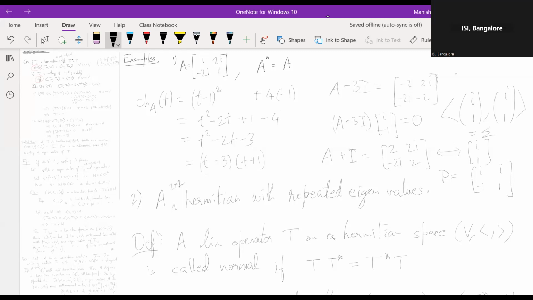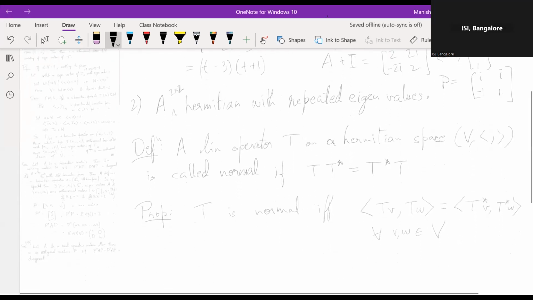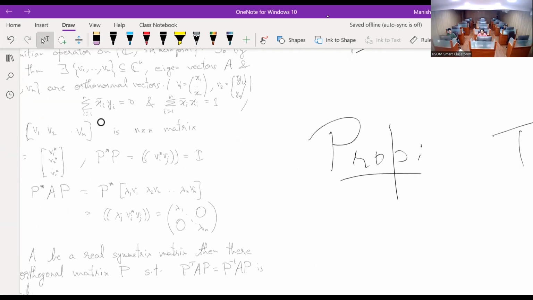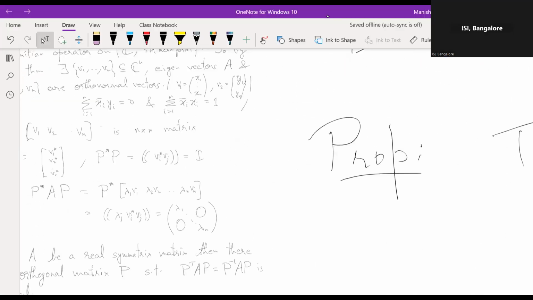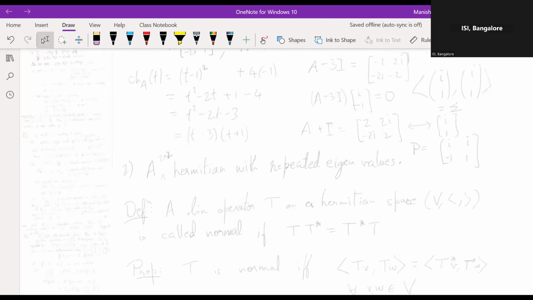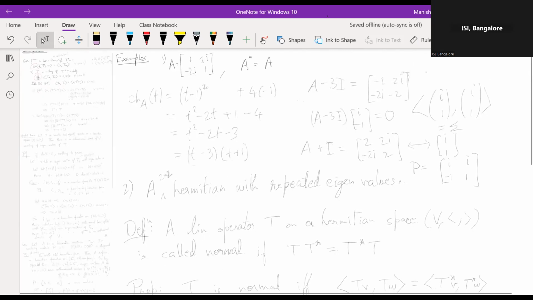It's written here somewhere. Yeah. Summation of x_i bar y_i is the formula. So the inner product is: x1 bar is minus i, and y1 is i, so it becomes minus i squared.